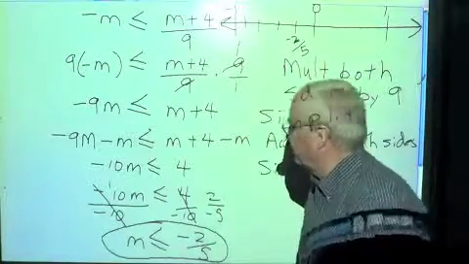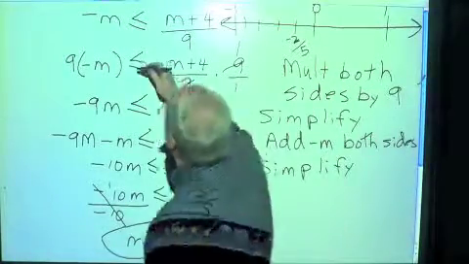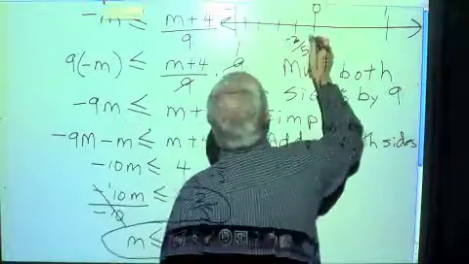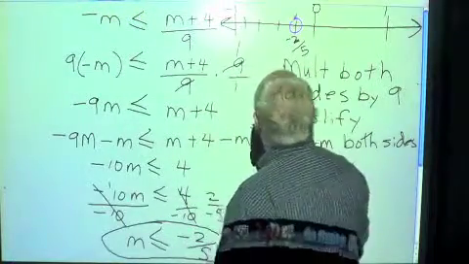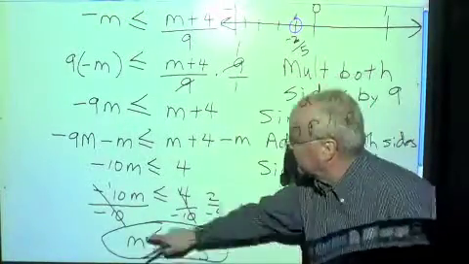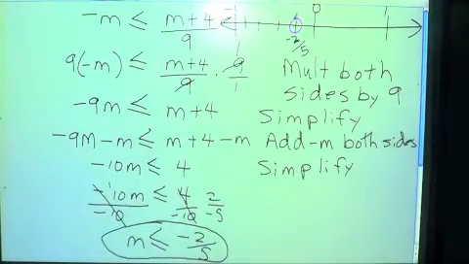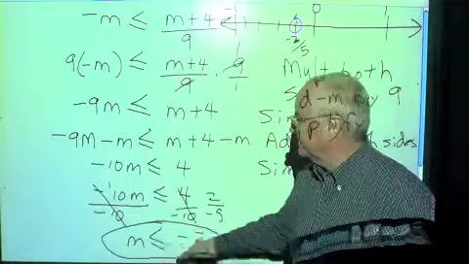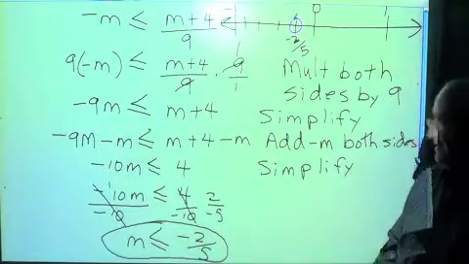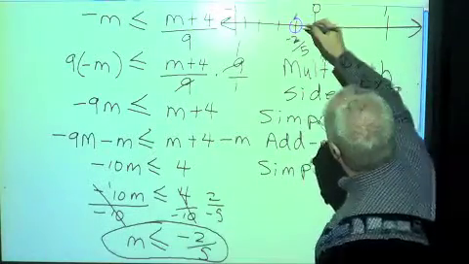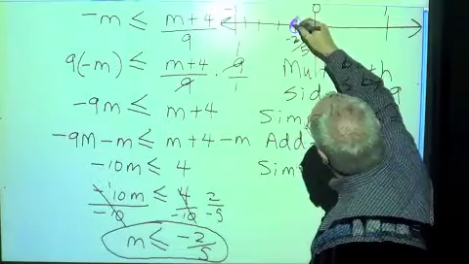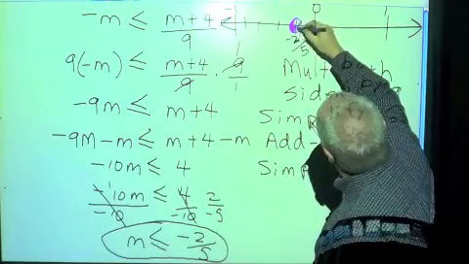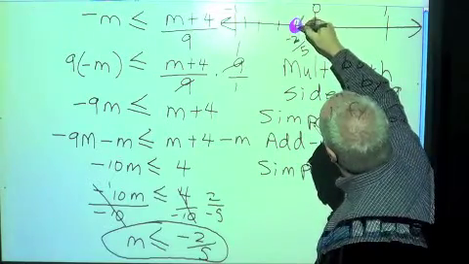Solution is a negative 2/5. So we're going to put a circle around that solution. Okay? Now tell me, can we include the negative 2/5 in the solution? Does this say equal? Or does it say not equal? It's got the bar, that means equal. So we're going to fill this in because we can include that negative 2/5 right there, can't we?